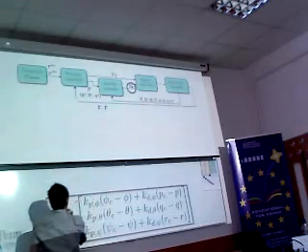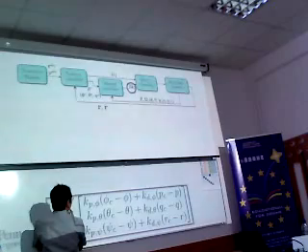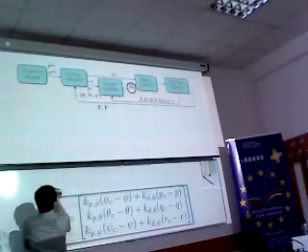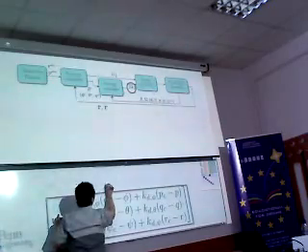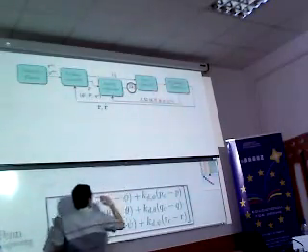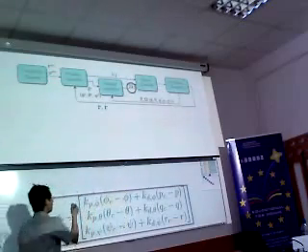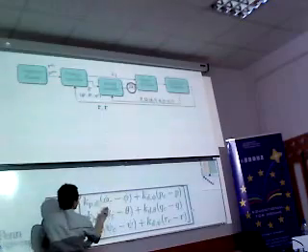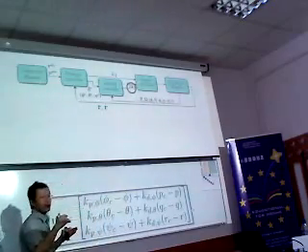So we want to make the system as fast and as stable as possible. The system has to reach this point. From this point, we can consider that it's stable, right? And from this point to this point, it has some oscillation, right?